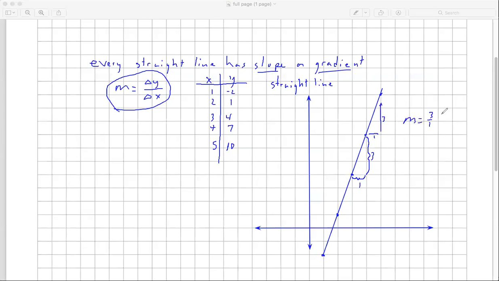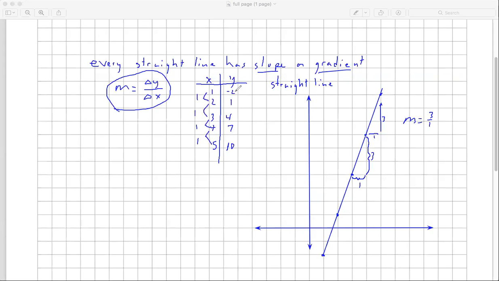Now, another way that you can see that is by actually looking at the chart and looking at the differences. For instance, these differences between consecutive x coordinates are each 1. 3 to 4 is 1, 4 to 5. So there's a constant difference there.